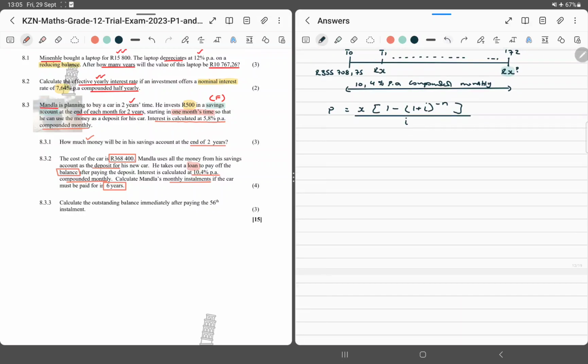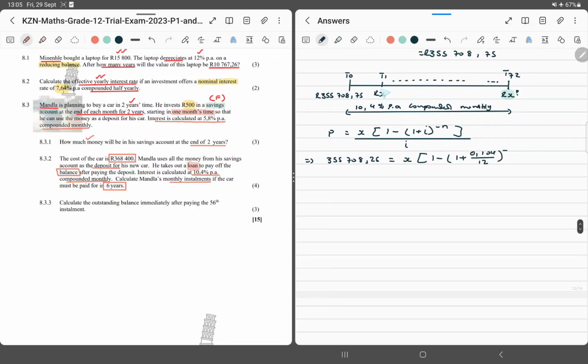Actually, the present value is that loan amount. So this is 355,708.25 equal to X, which we're trying to find, times 1 minus (1 plus 0.104 over 12) to the exponent minus n. Now can you see the payments are going to be this minus that plus 1, because there's that payment.